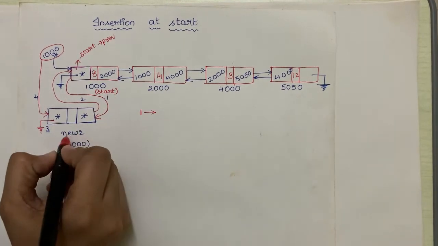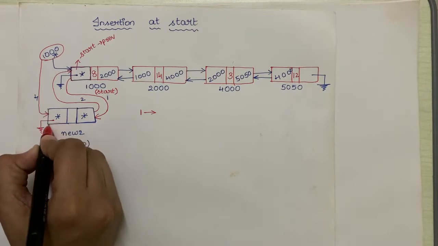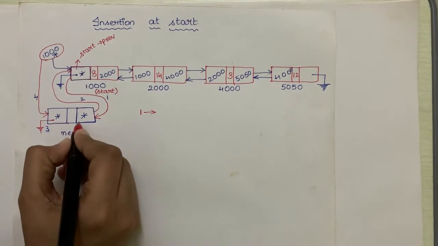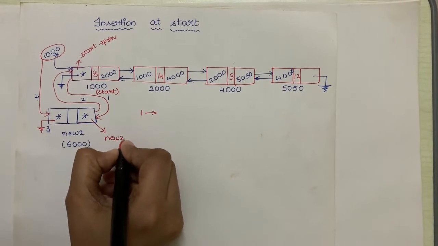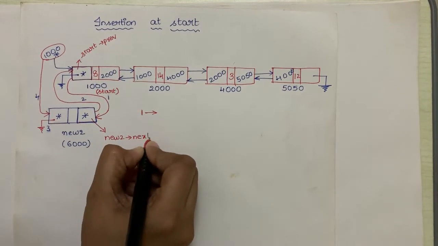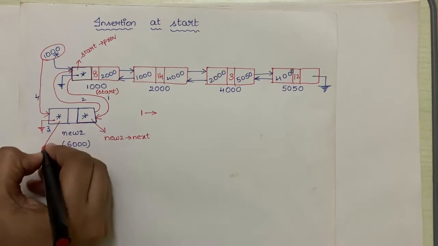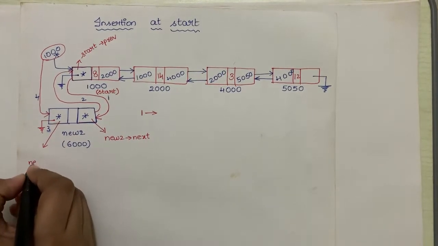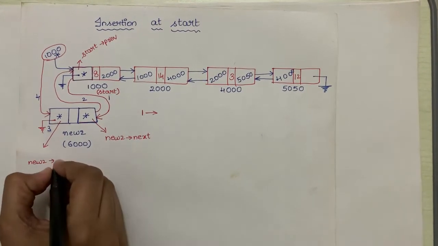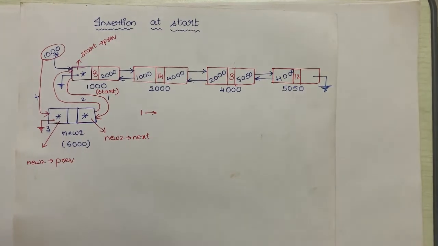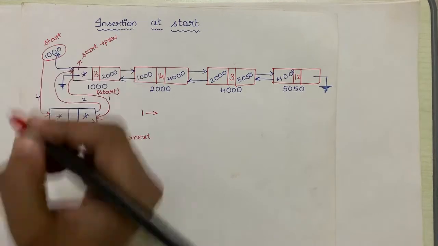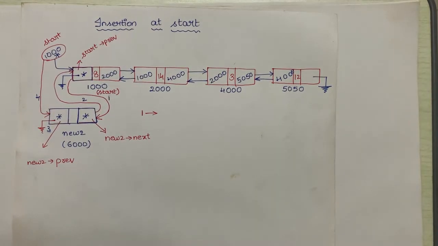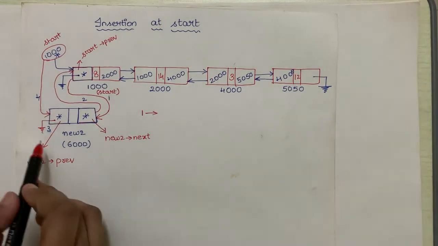And if the name of the new node is new2, the third field name is new2 next, and the first field name is new2 previous, and the header node name is start. Now we know the names of various fields.